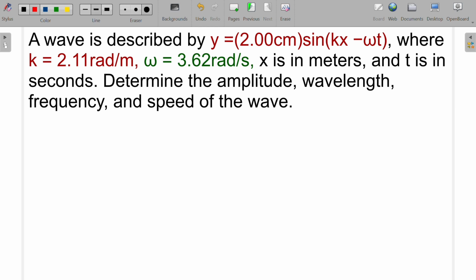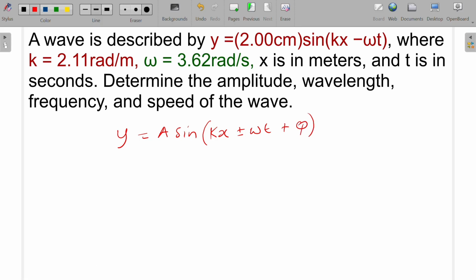Now, to determine what we are supposed to determine here, we need to understand the function that we are given. For the displacement of a wave moving on a string, the general function is given as y is equal to A sine of kx plus or minus omega t added to the phase angle.